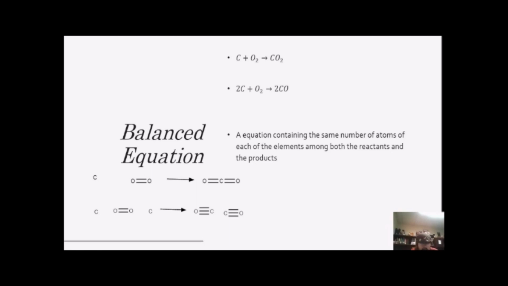Now, if you do this in a low oxygen environment, what happens? If you don't have enough oxygen, that means more carbon is going to react with the oxygen. And so instead of forming CO2, you form 2 molecules of CO gas, which is a very deadly gas. CO2 takes a lot of it to harm you. CO, just trace amounts, which is why they tell you don't grill indoors.